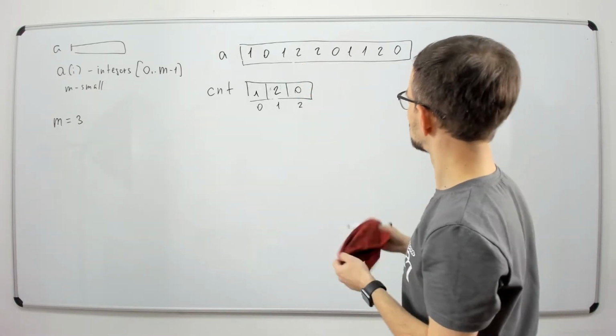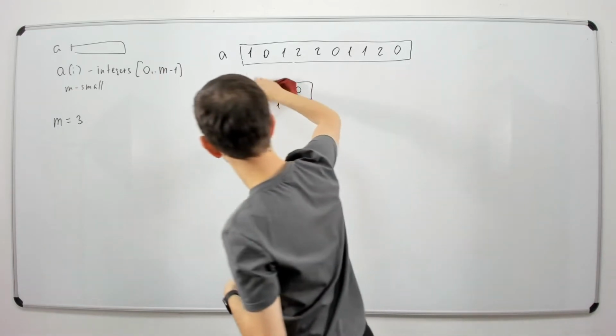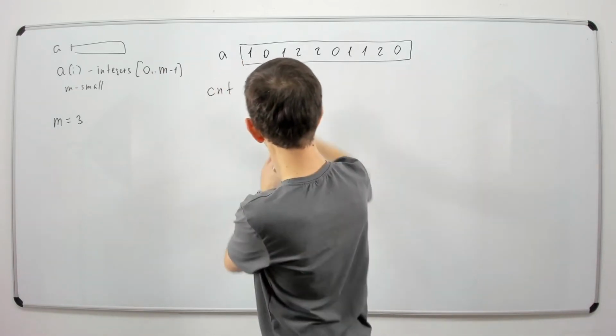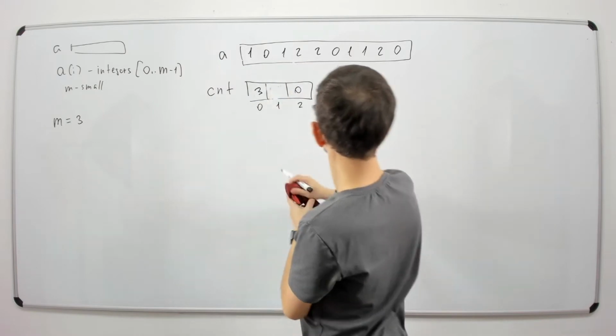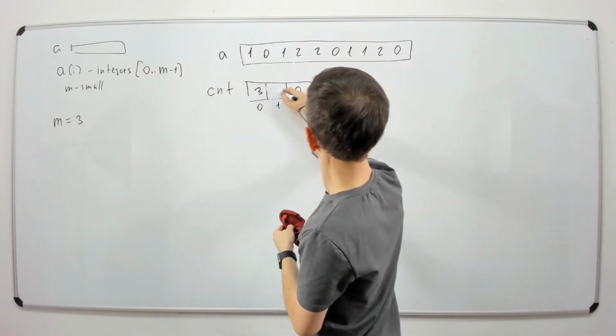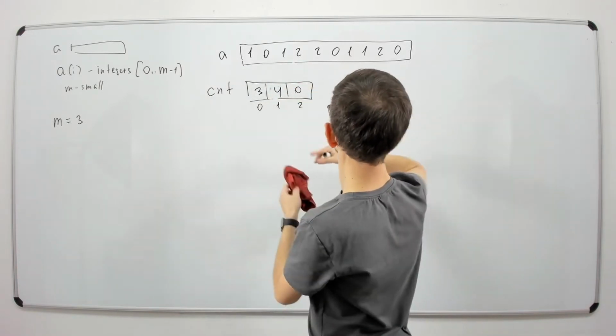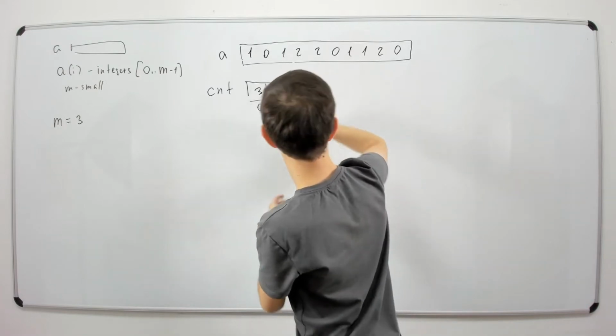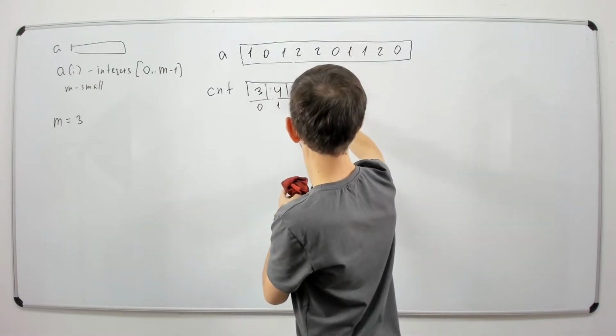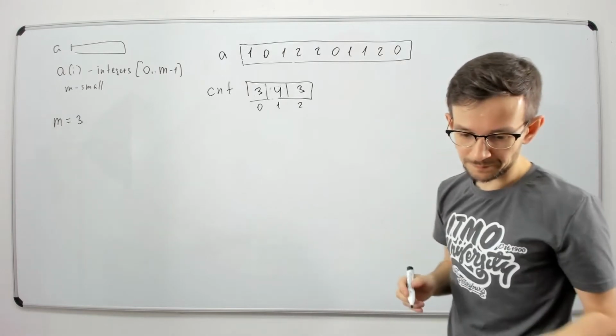So in the end we'll have something like, so we have 3 zeros, 4 ones, and 3 twos. Like this.